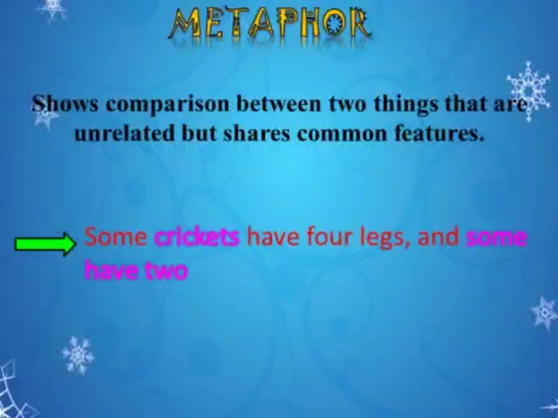Who is the poet referring to when he says some have 2? It is us humans. The poet is comparing the lazy crickets to the 2-legged creature, that is we human beings. So it is a comparison between two things, and so it is an example of metaphor.